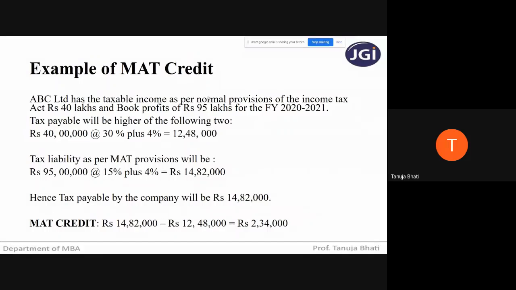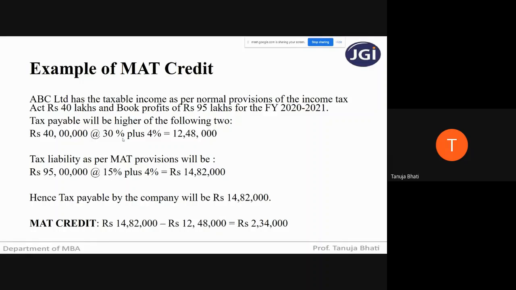What is going to be your first step? First step is you calculate the tax to be paid as per the normal provisions of income tax. Tax payable by ABC Limited will be the higher of the following two. First, rupees 40 lakhs, as per the normal provisions of the Income Tax Act, you calculate at the rate of 30%. We know that for companies the normal slab rates do not apply.